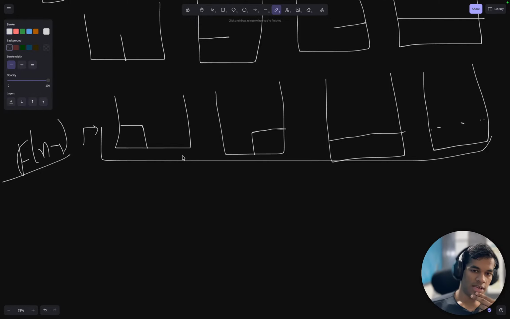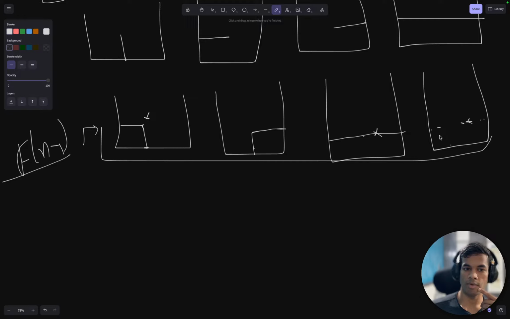And we have our base case ready. When we have made this choice, then the next one could go with this. It could also go with this, or it could also go with this. But this choice is only available if I didn't go with this choice earlier.